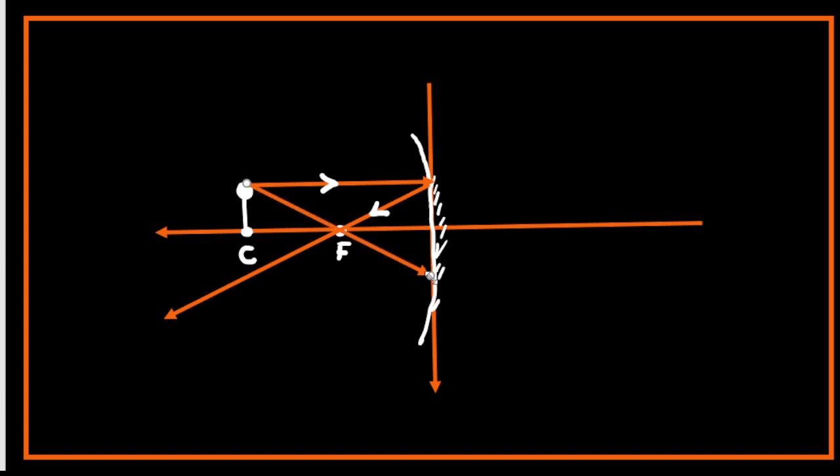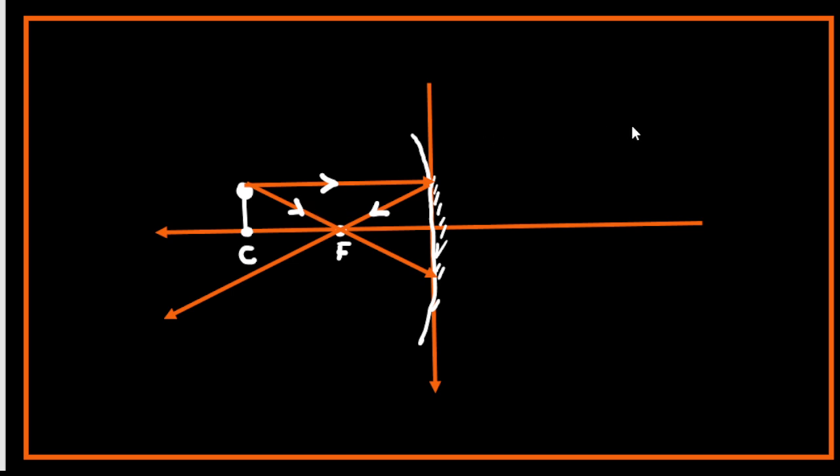Based on what you can see, it's passing through the principal focus. Can you see that? Good. Then according to the rule, how should the reflection go? Parallel to the principal axis. Thank you very much.